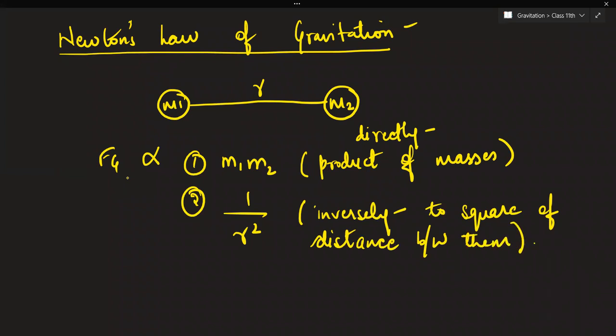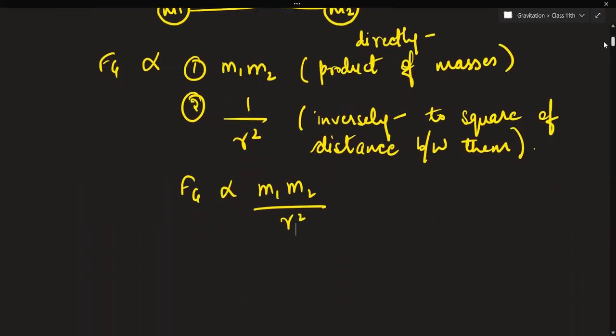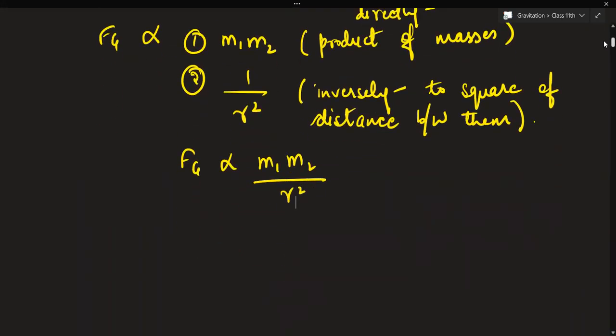Fine. Now, if you combine all the proportionalities, gravitational force will be directly proportional to m1 m2 divided by r square, because it is inversely proportional to this. Now, obviously, we all know the fact that whenever you have to remove the proportionality sign, you have to put an equal to with a constant. So here also we'll put an equal to with a constant. That will be G m1 m2 by r square.